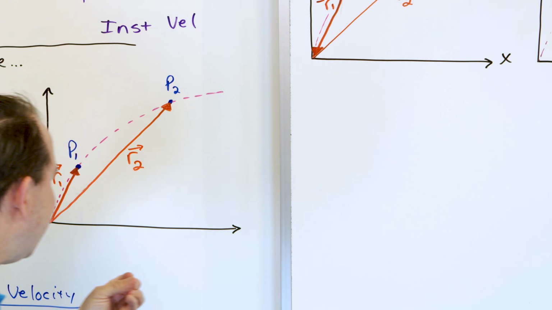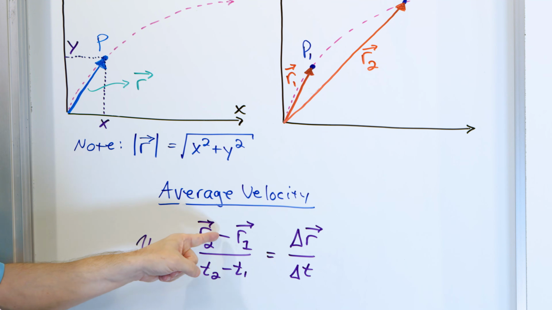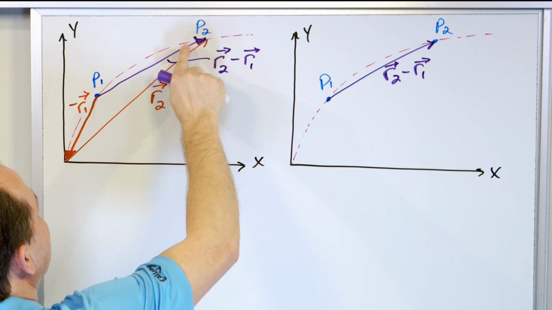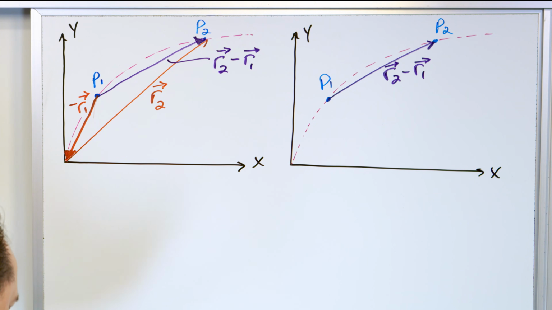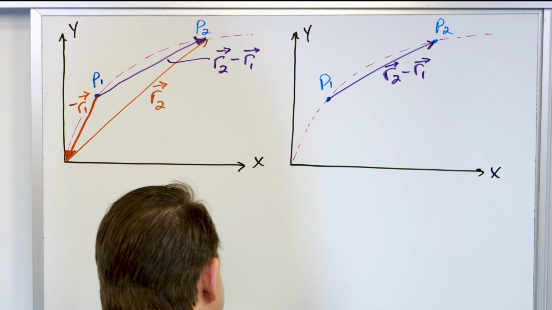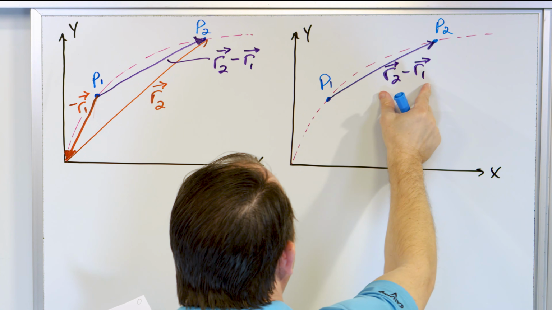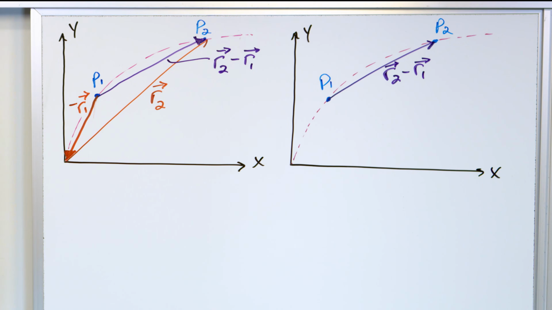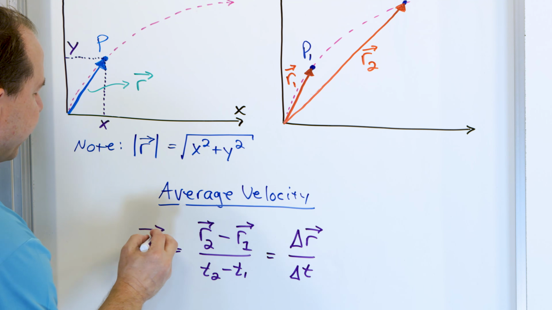But I wanted to tie it into the definition of average velocity and show you that when you take r2 minus r1, and then you flip that one around and you add them, what you get is the resultant that goes from start to finish, like this. So the displacement vector points from P1 to P2, and it's called R2 vector minus R1 vector. Now don't forget that the average velocity, I forgot to put my little vector arrow here.